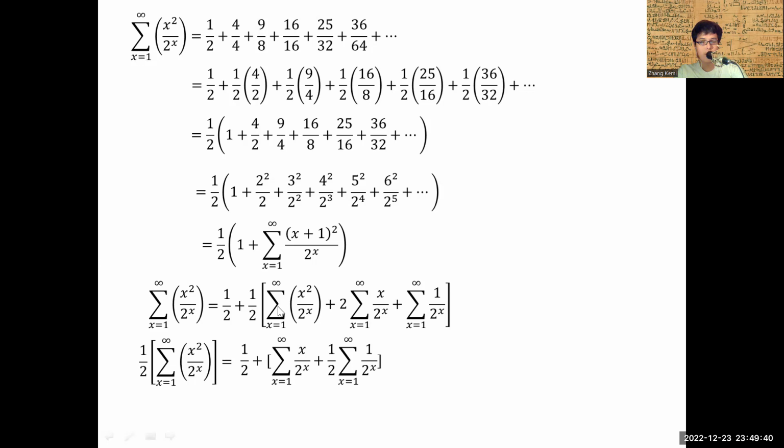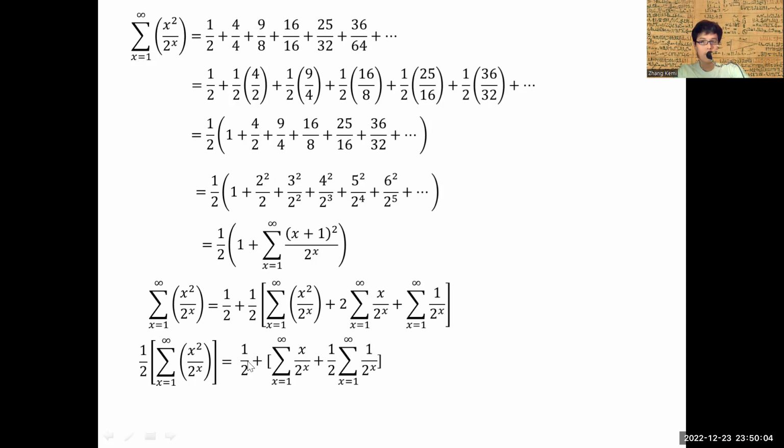Now if I subtract on both sides, notice here is 1. So I minus half, I get half of the sum of x=1 to infinity of x squared over 2 to the power of x. Notice I just rearranged the equation, in other words. And thus I have half, because half is half. And over here I'm left with only these two terms.